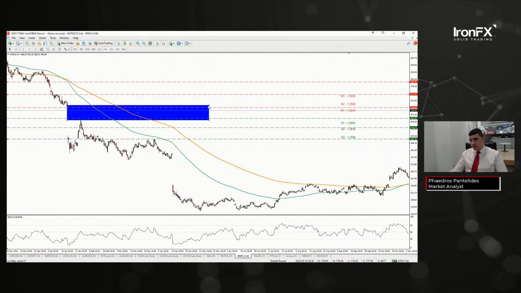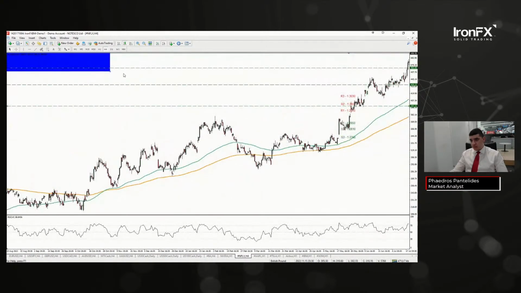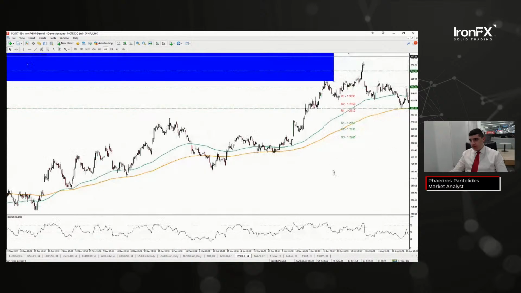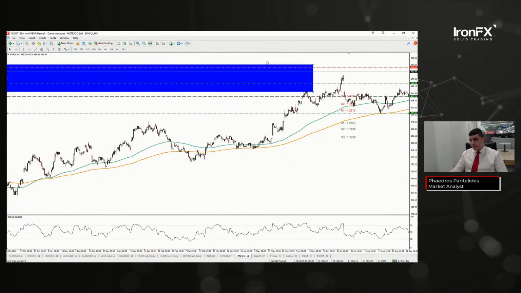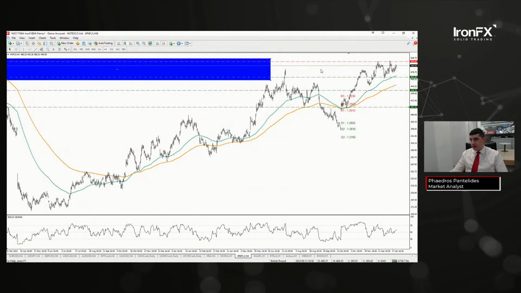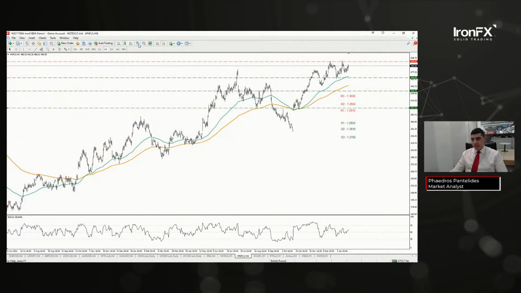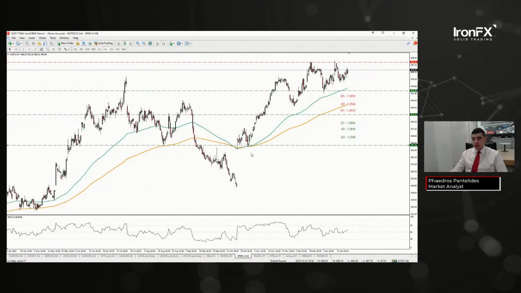If I extend this, you can see that from December 2022, a gap was formed, and then it's nearly being filled in January 2024. So a gap might be filled, which is why we referred to this before.